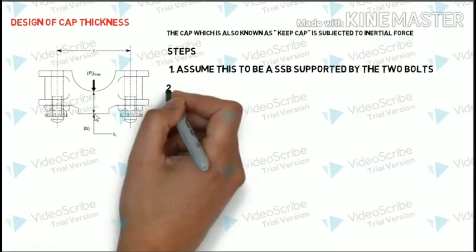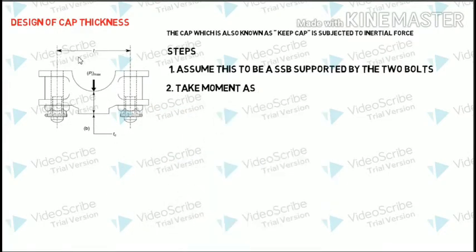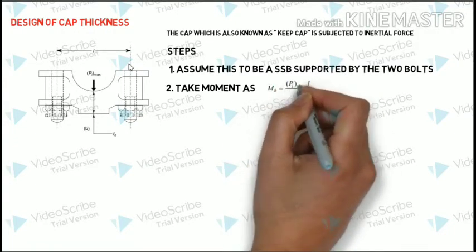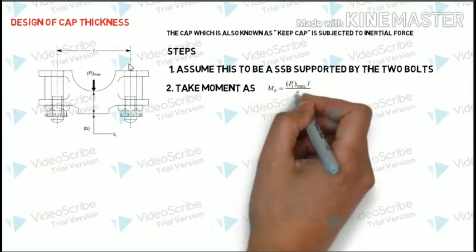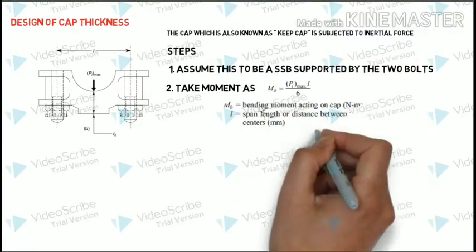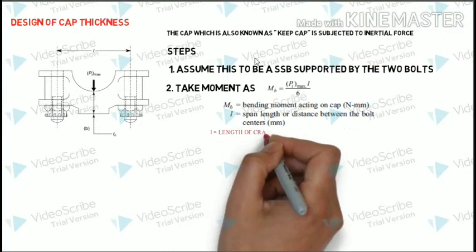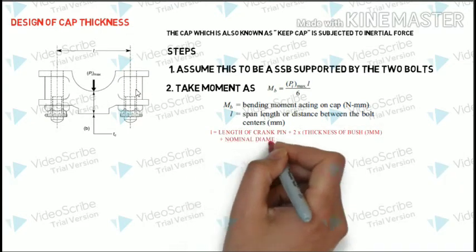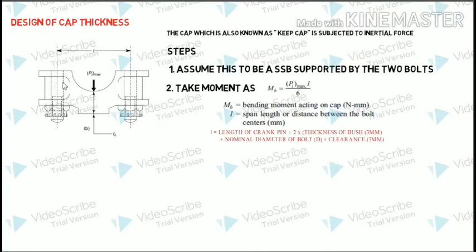A peculiar shaped beam is there, and P_I max load is acting at the center, and the distance between the two bolt centers, let it be L. In that condition, the maximum moment which is acting can be obtained using the relationship M_B is equal to P_I max into L divided by 6, where P_I max is the maximum inertial force acting at the center, which you can find out, and L is the span or the length as shown in the figure.